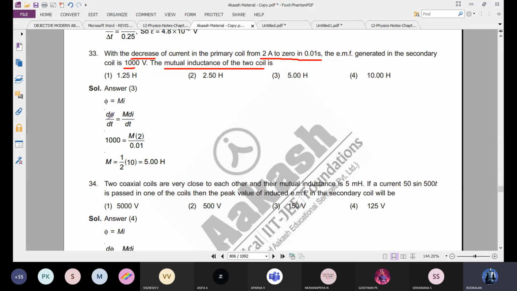The formula: d phi by dt is equal to M di by dt. For the secondary coil it is 1000. M value is what we want to find, and di by dt is the current 2 ampere over t value 0.01. Simplify that, you will get 5 Henry. So 5 Henry is the correct answer.